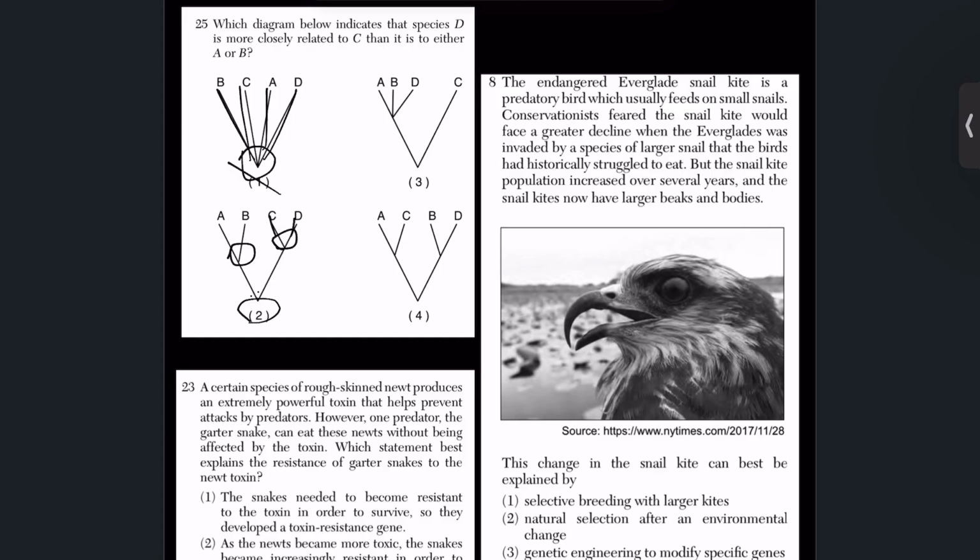Number 3, we have D has a common ancestor with both B and A right here, and a much later common ancestor with C all the way back there, which would not be our answer because we want it to be more closely related to C, and in this case it's more closely related to both A and B. And then the final one is number 4, where we see that species D is most closely related to species B, and that's not our answer because we want it to be related to C. So this one just switched around B and C. So our best answer here would be number 2.